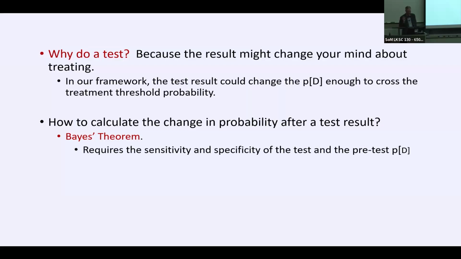How do you calculate the change in probability? You use something called Bayes' theorem that shouldn't be a mystery to anybody in this room, but unfortunately, I'm not betting on it. It requires the sensitivity and specificity of the test, which requires really good science to get right and avoid bias, as well as the pretest probability, like MD Calc.